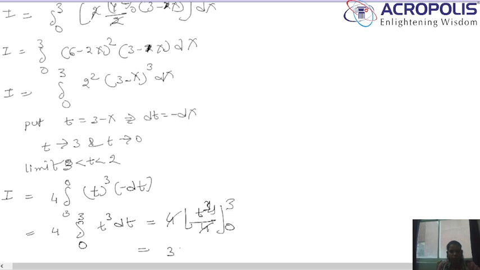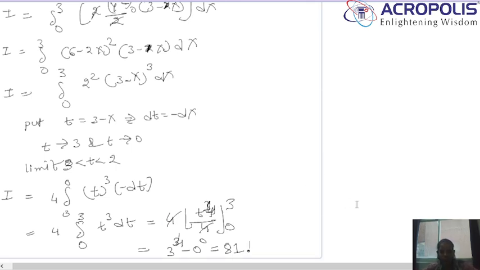Then this is 3 to the power 4, that gives me 81. So here the value of the surface integral, where the given surface is a plane, will be 81.